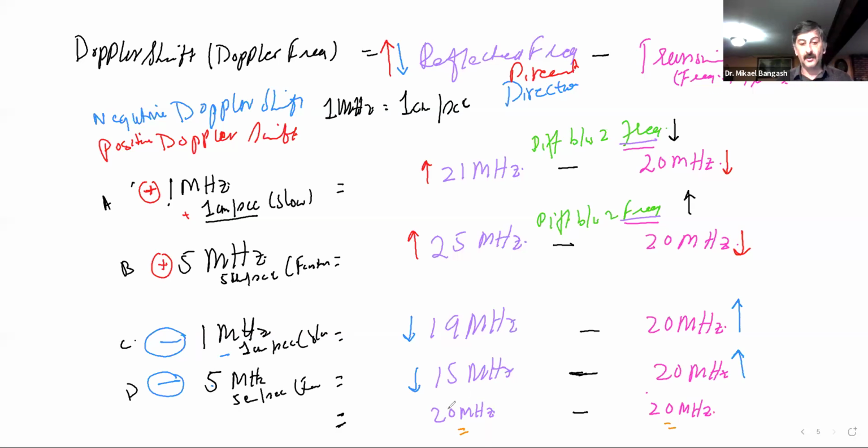When you subtract 20 from 20, what are you getting? 0. Is that clear? That is what we will refer to as a 0 Doppler shift.